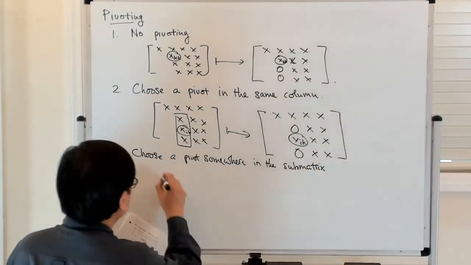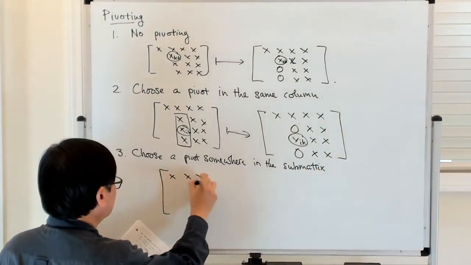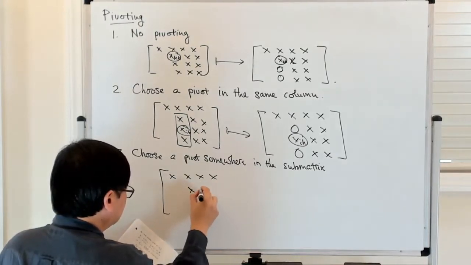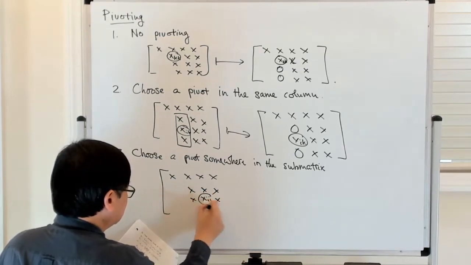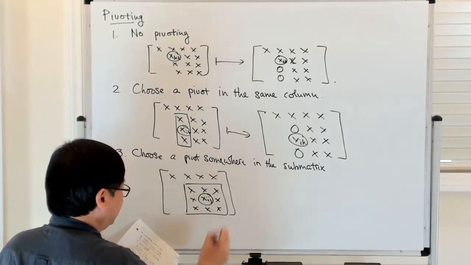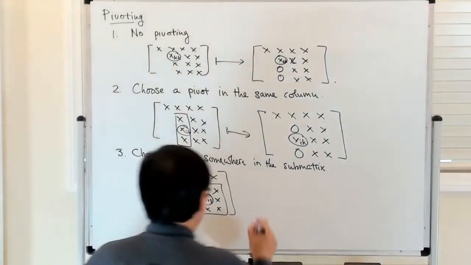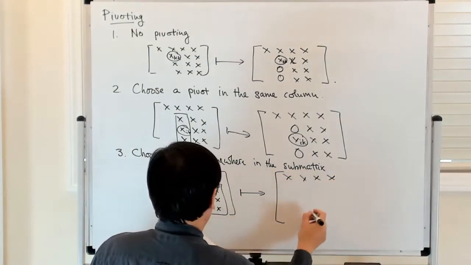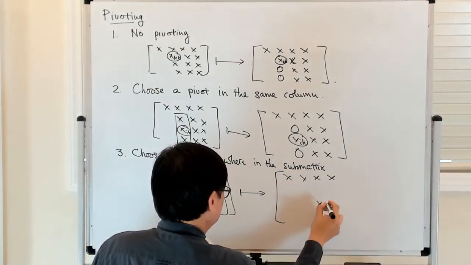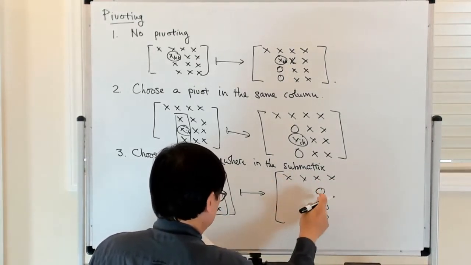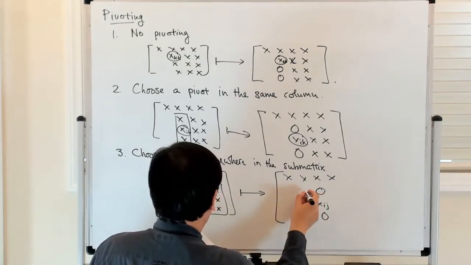So let me again try to draw a picture for you. You might choose a pivot somewhere in this sub-block, and if you do that, the goal is to choose an appropriate multiple of that row so as to zero out the corresponding entries in the same column.